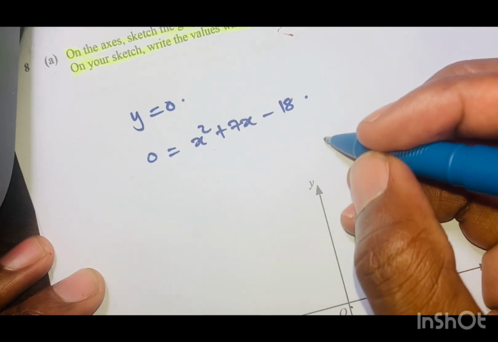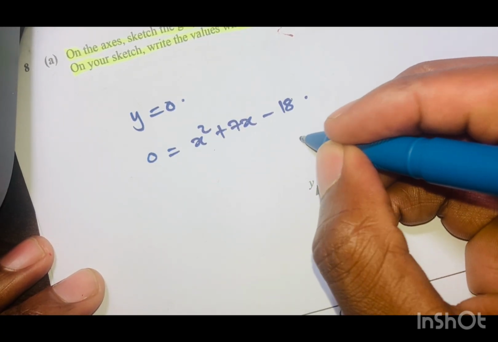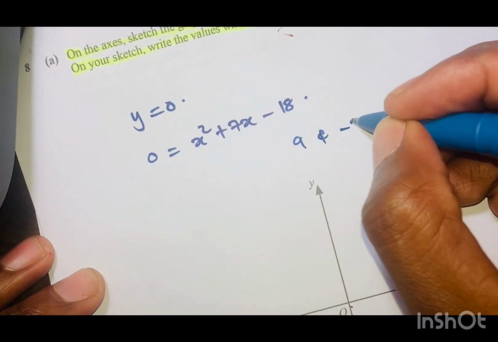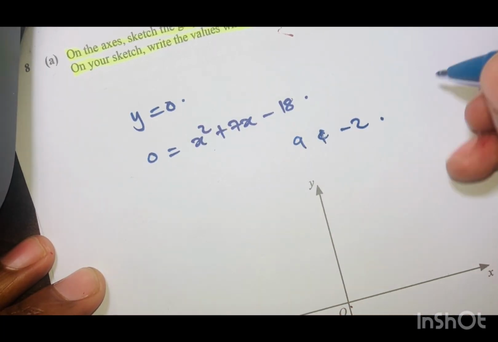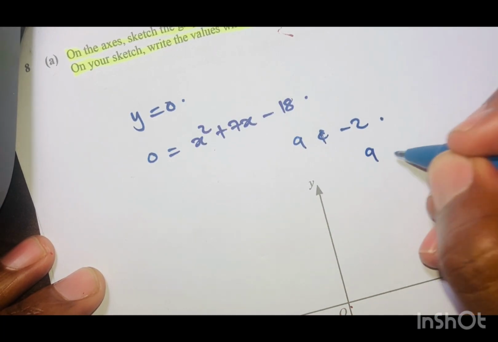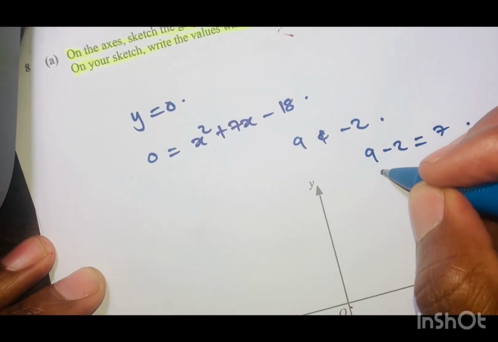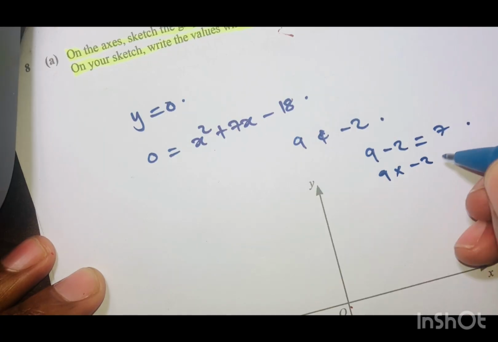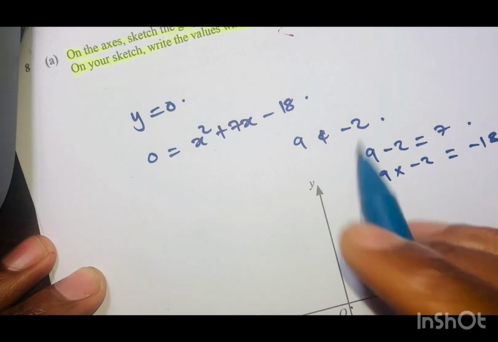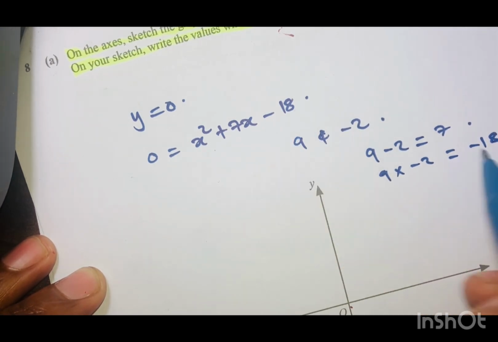Those two factors are 9 and minus 2, because 9 minus 2 gives 7, and 9 times negative 2 gives minus 18. All right, so it satisfies this equation.